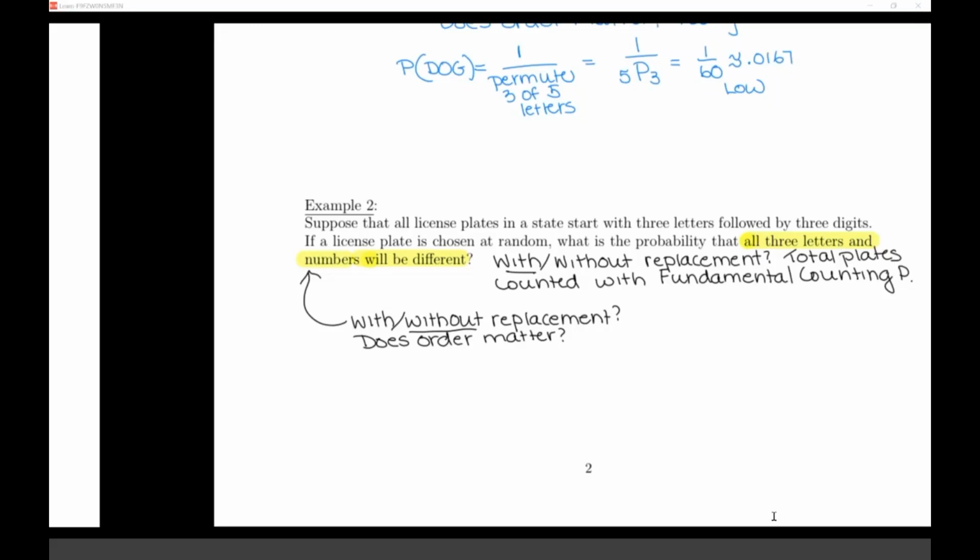Here, let me type in the chat. Are these 2 plates the same? CAT123 and TAC321. Are they the same license plate? They contain the same letters and digits.